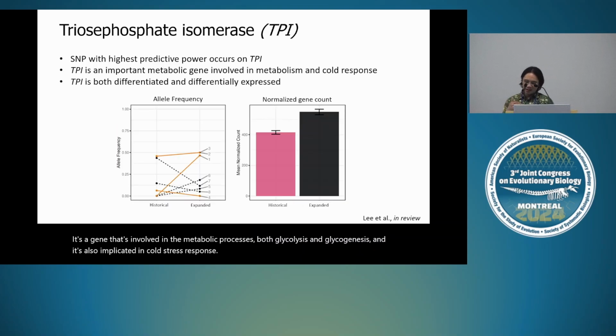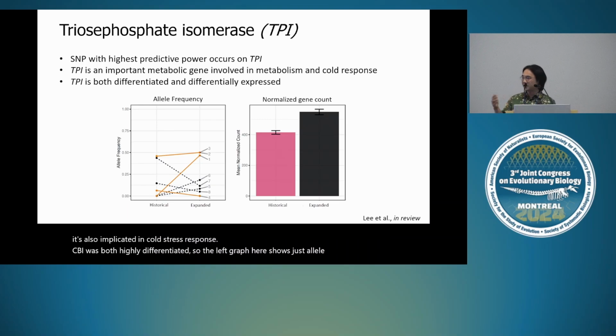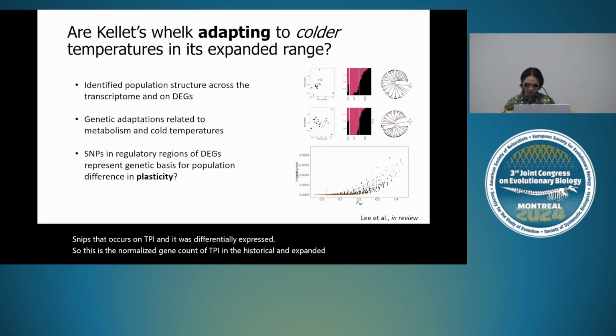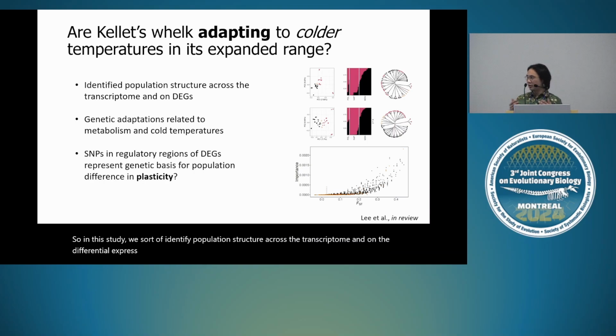TPI was both highly differentiated, as the left graph shows with the allele frequency of all the SNPs that occur on TPI, and it was differentially expressed. This is the normalized gene count of TPI in the historical and expanded range. So in this study, we identified population structure across the transcriptome and in the differentially expressed genes, and some of these differentially expressed genes are related to metabolism and cold tolerance.